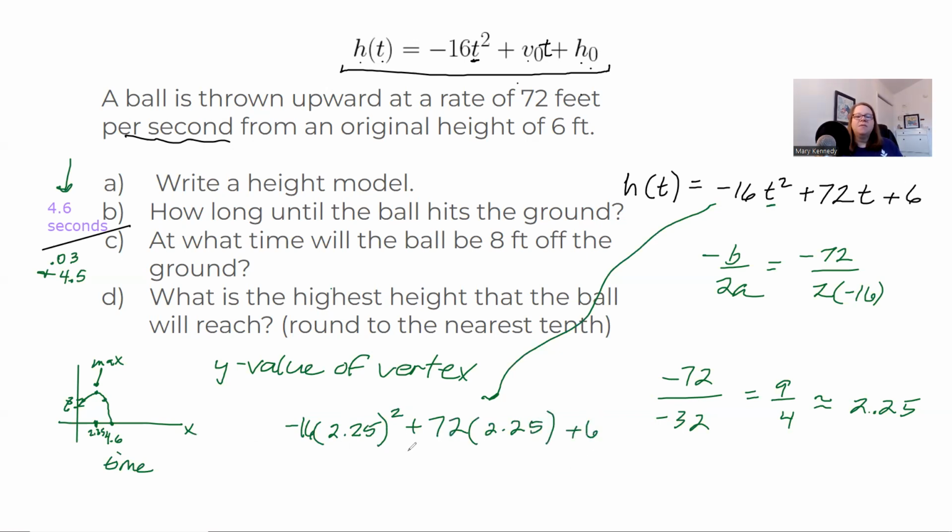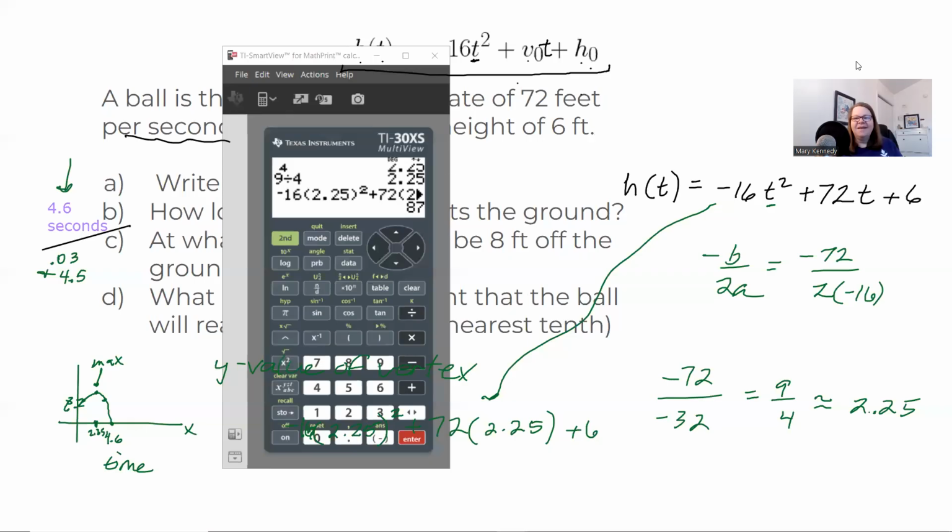That all just plugs straight into the calculator: -16 times this squared plus that. And let's see what we get. Okay, it turns out that when we do that, we get 87.